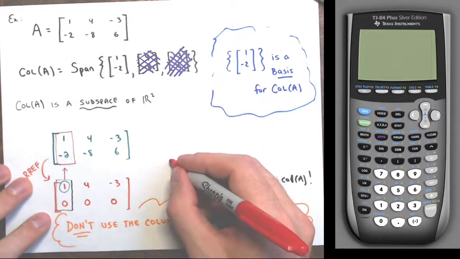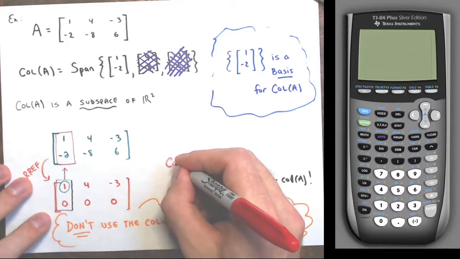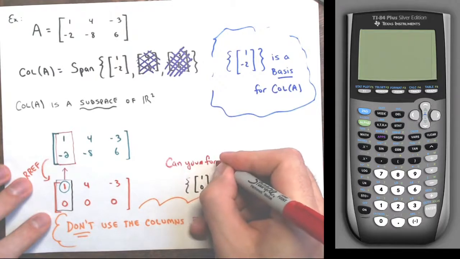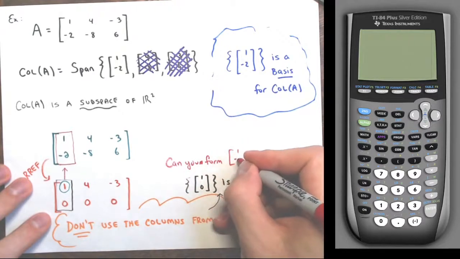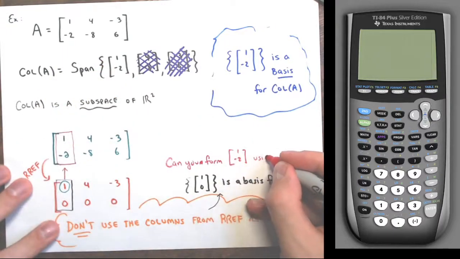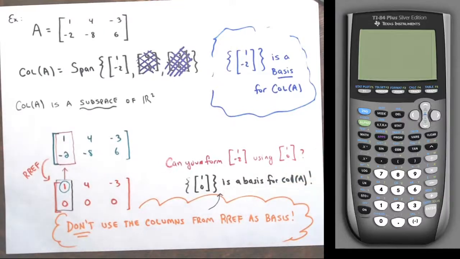The question is, could you form the vector 1, -2, a column from A, using only the vector 1, 0, the pivot column of the reduced echelon form?